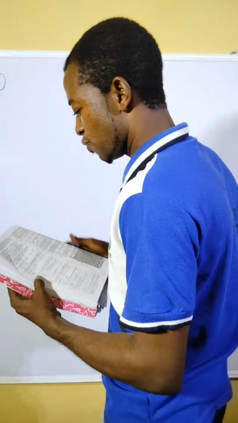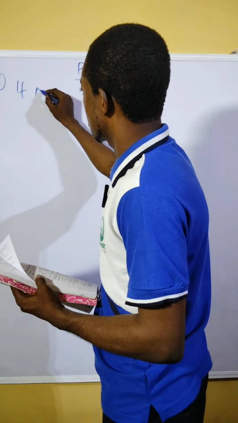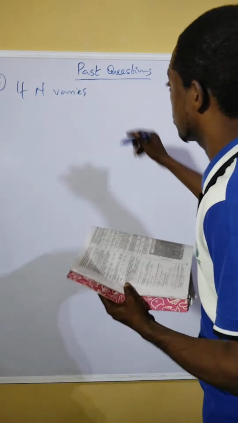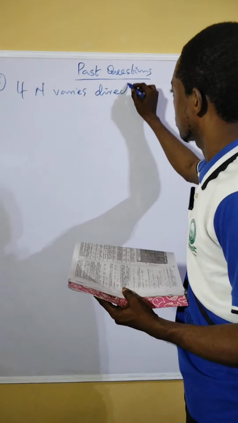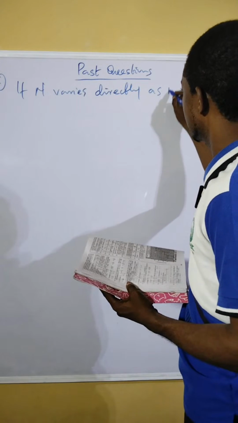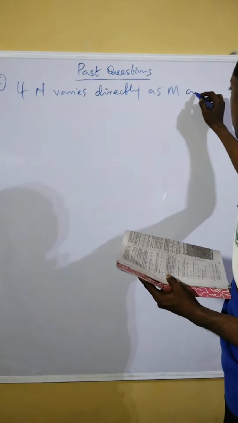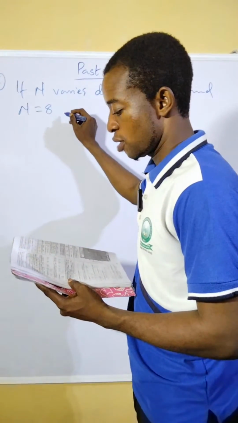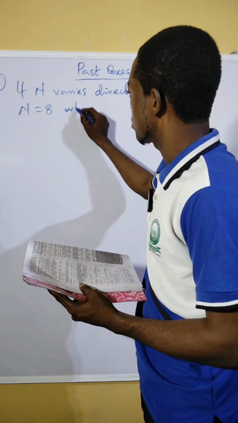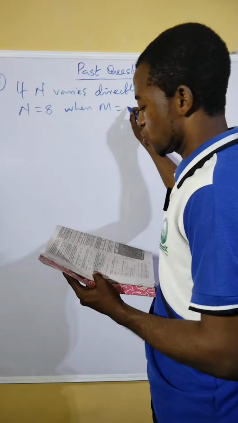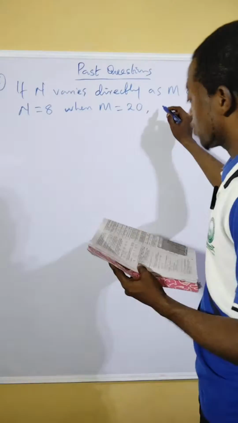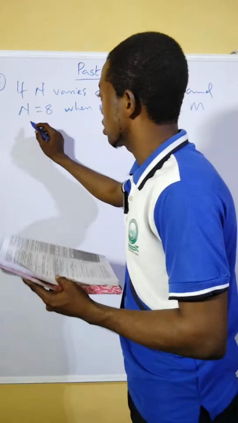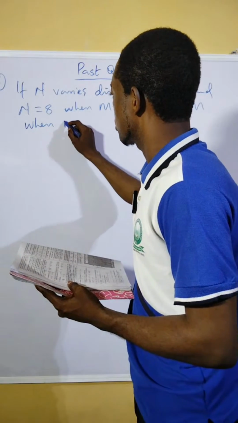This question says, if n varies directly as m, and n is equal to 8 when m is equal to 20, find m when n equals 7.